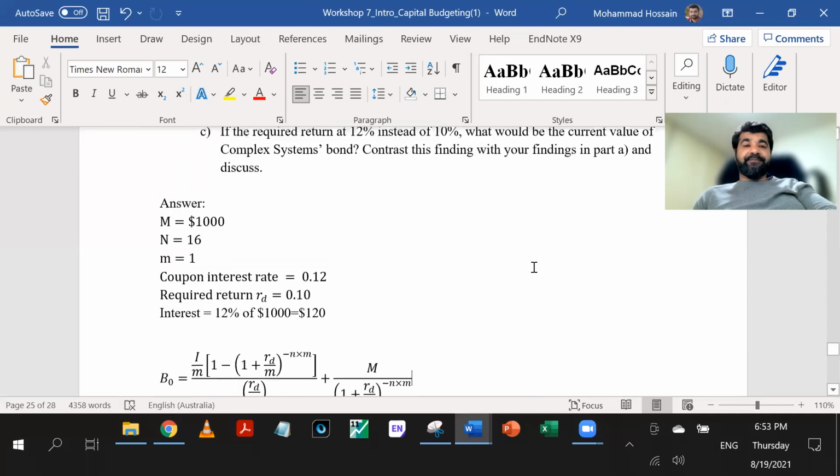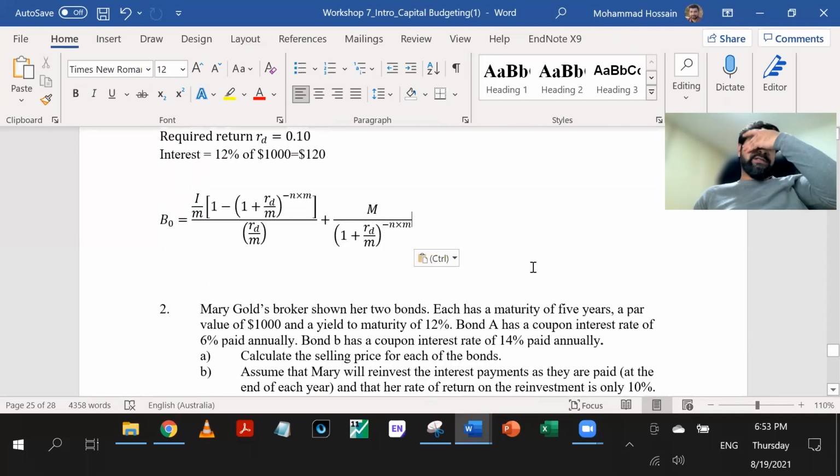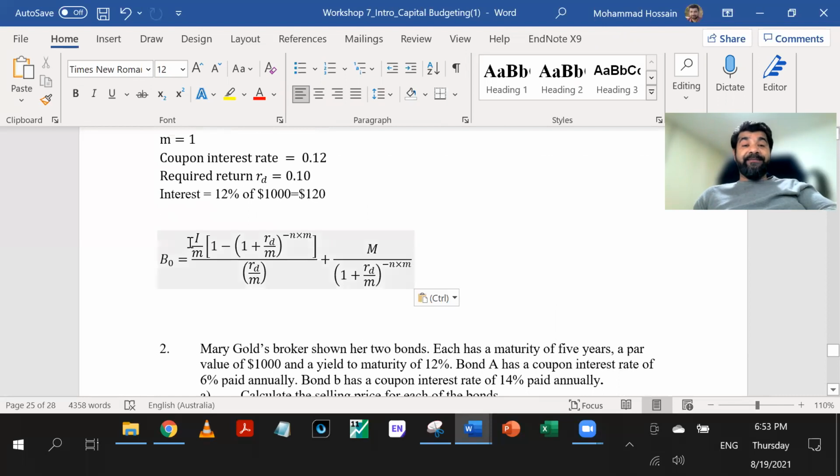You notice here we have the I. We have m is equal to 1.